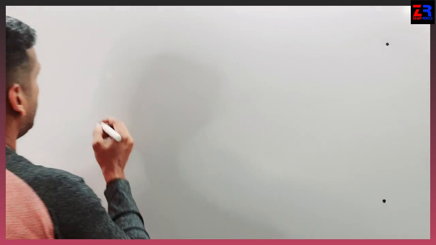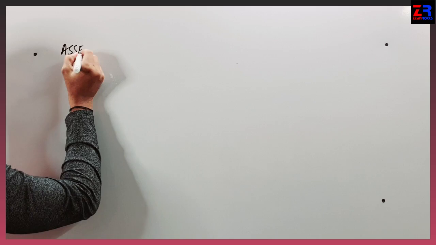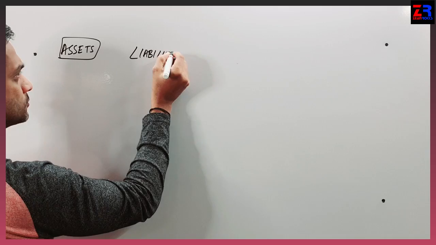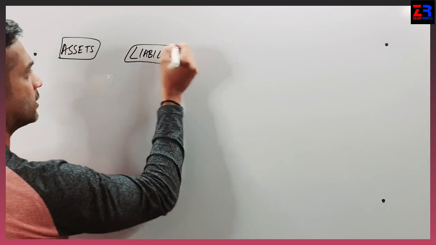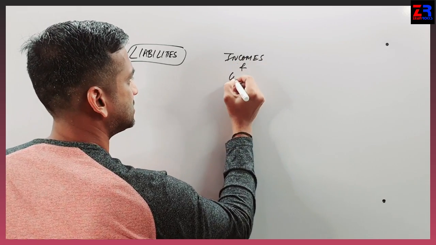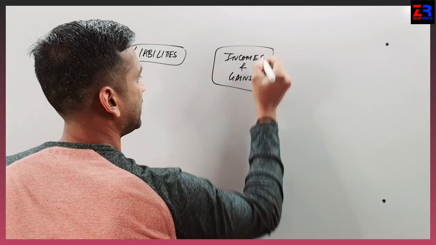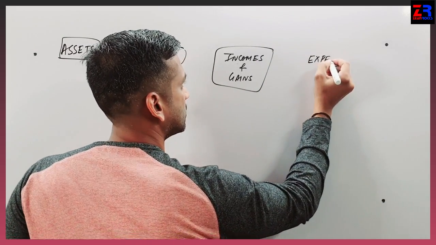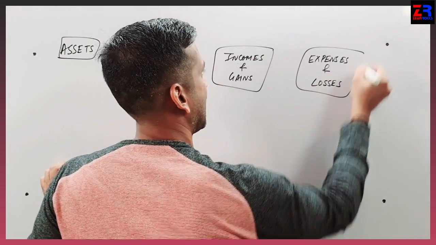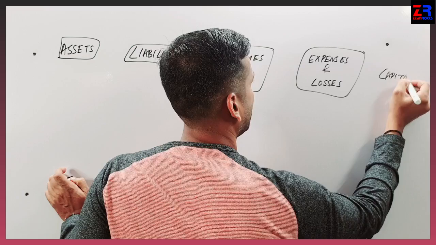But in our government textbook, there is one more part, which is classification of accounts in a modern approach. When we talk about a modern approach, we talk about classifying into assets, liabilities, incomes and gains, expenses and losses, and the last classification, if asked, capital.